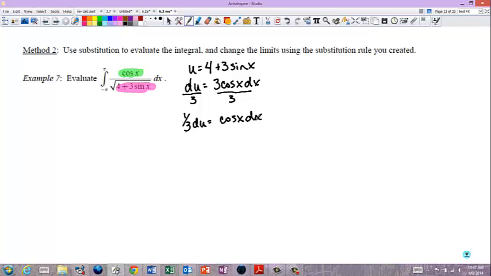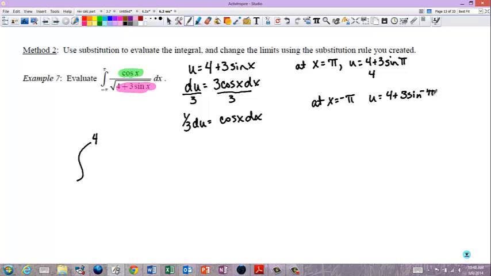So what I've got, and I'm going to go ahead and change my limits: at x equals pi, u equals 4 plus 3 sine of pi. Sine of pi is 0, so it's 4. So my top number is 4. And at x equals negative pi, u equals 4 plus 3 sine of negative pi, which is 4 again.